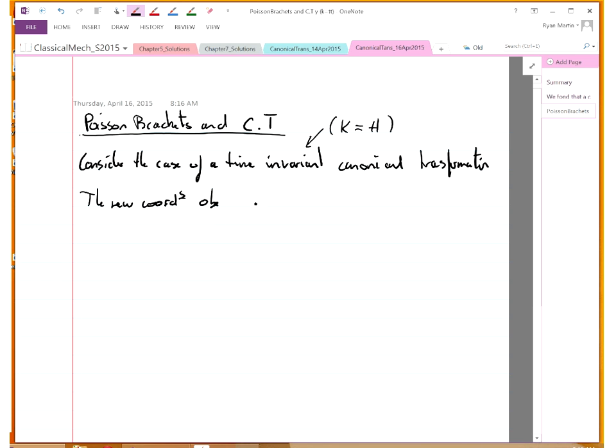So because the Hamiltonian is unchanged, the new coordinates, because the transformation is canonical, obey the canonical equations, right?